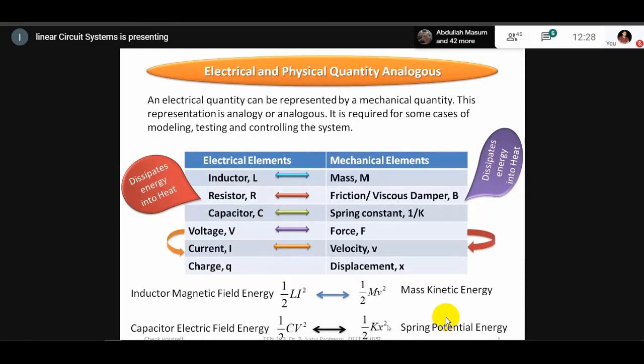There are two types of energy: potential energy and kinetic energy.